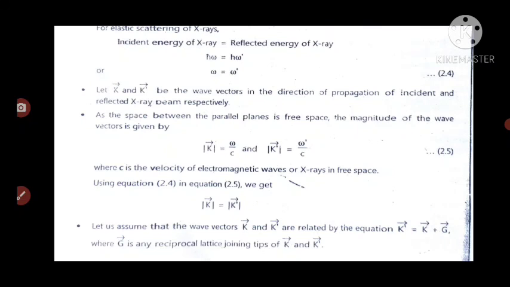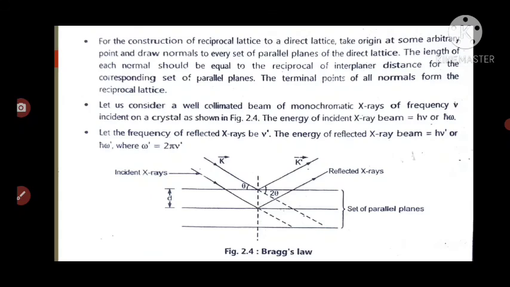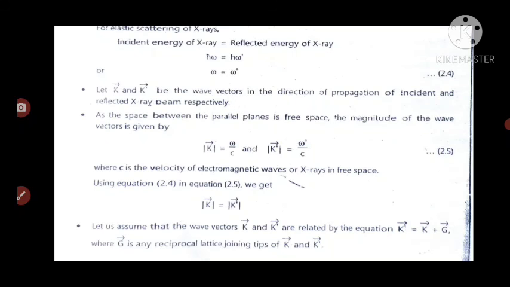The incident X-ray energy is equal to the reflected X-ray energy for wave vectors k bar and k bar prime. The incident energy is h cross omega, and the reflected energy is h cross omega prime.